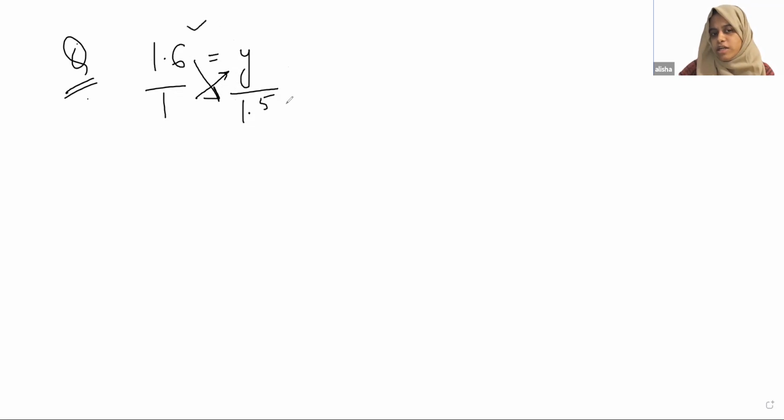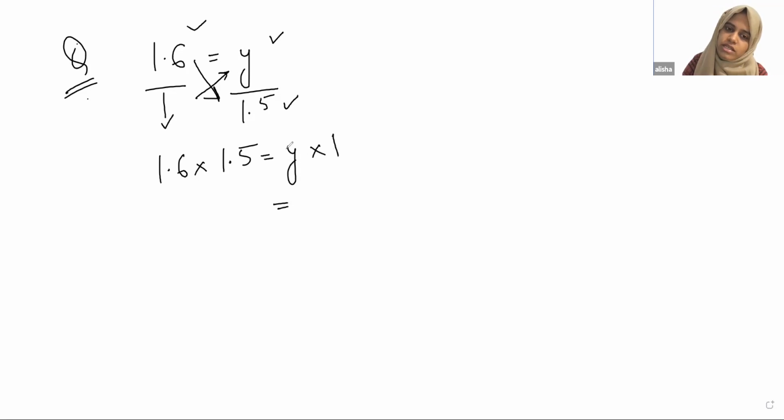This number gets multiplied by this and this number gets multiplied by this. We'll get 1.6 multiplied by 1.5, whereas y multiplied by 1 is y. And 1.6 multiplied by 1.5 is what?